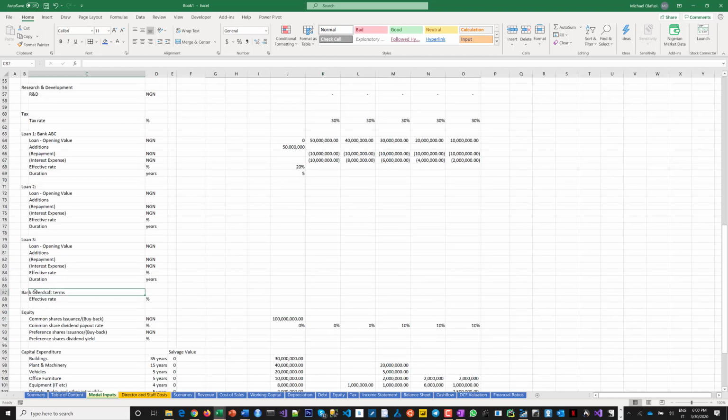Okay, what are the bank overdraft terms? Typically for a startup, it's very difficult to have a bank overdraft. So for now, let's not worry about this. Most startups are modeled as though they don't have overdraft. They depend purely on loans and equity injection. But then as they grow bigger, they might want to negotiate some bank overdraft terms with a bank or some financial provider.